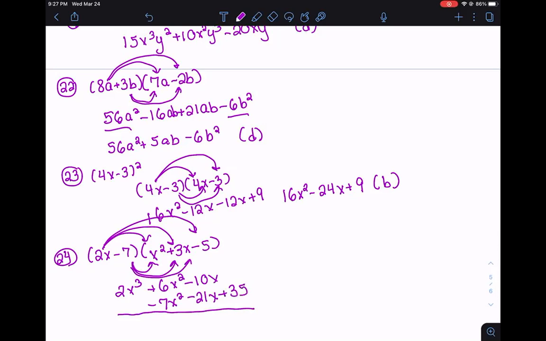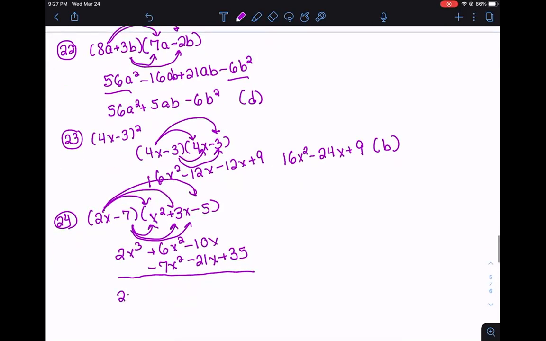Okay, so I know I need something that starts with 2x cubed and ends with 35, and pretty much all of them do except B. 2x cubed minus x squared minus 31x plus 35. And that is going to be choice, looks like choice E.